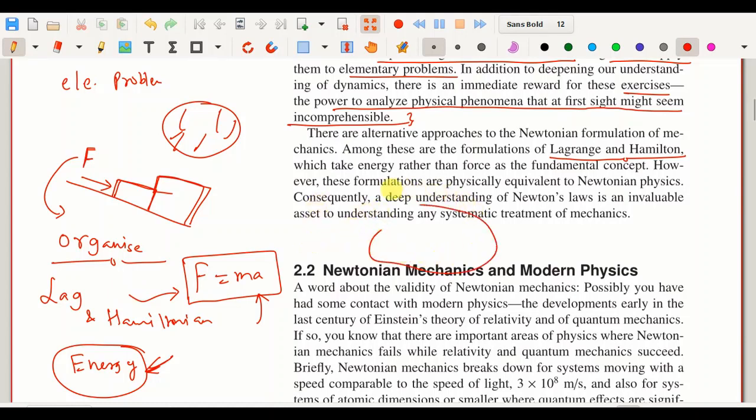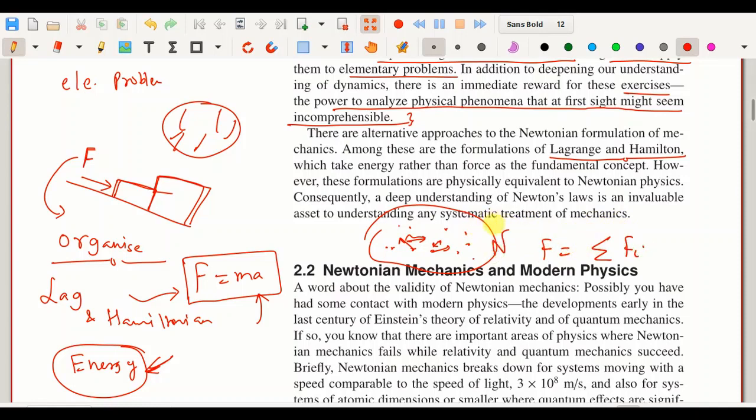For example, what does it mean? Suppose in a system there are so many gas molecules, hitting each other. They have kinetic energy, and maybe there is some bizarre interaction going on. Now, if you start from Newton's law, you have to write the sum of forces.